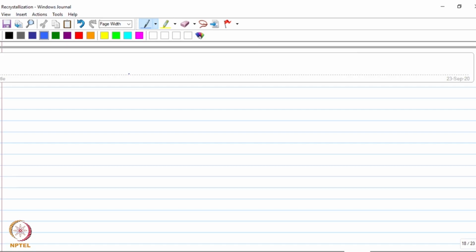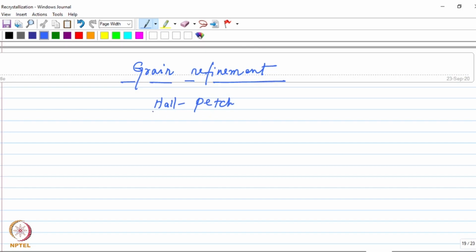So grain refinement is the next topic that we are going to discuss with respect to the strengthening mechanisms in aluminium alloys. You would have already seen this before, particularly this Hall-Petch relationship that we all talk about whenever the grain refinement comes into picture.